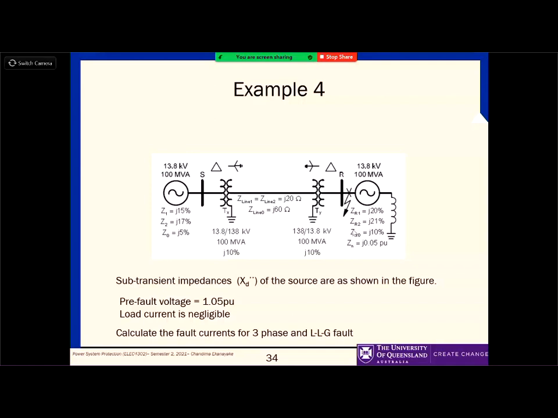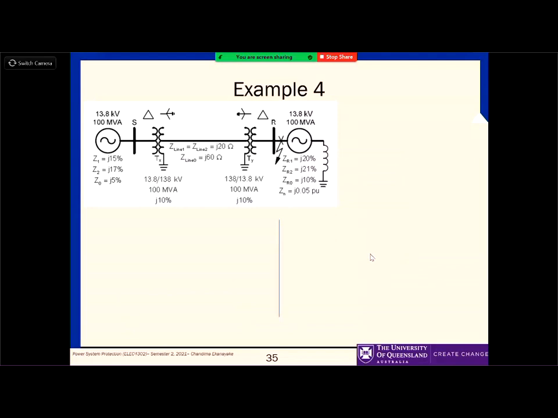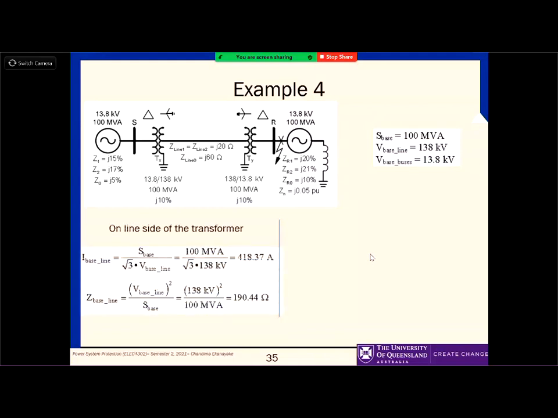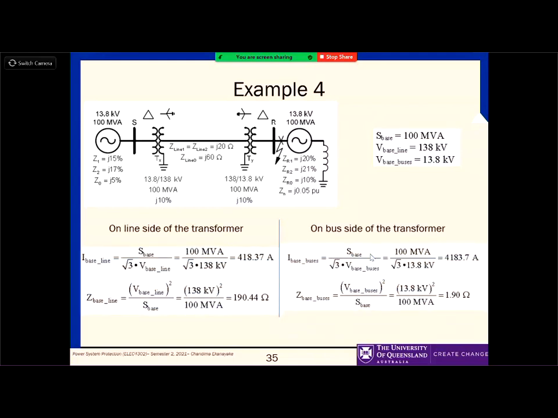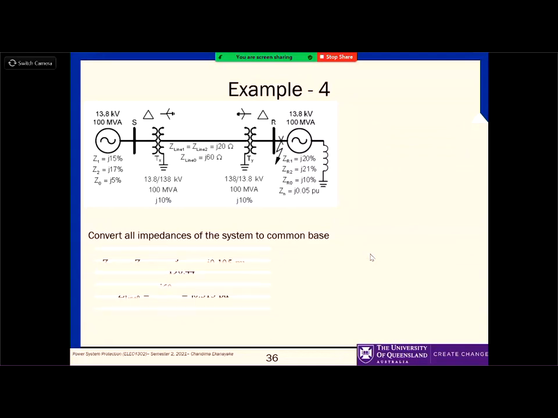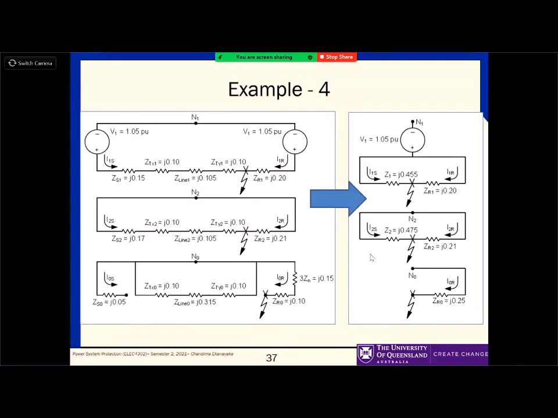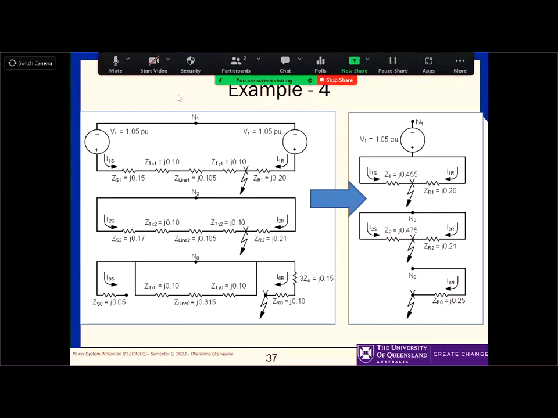So when you draw the equivalent circuit for this, the first step is, again, I'm not going into the base calculations and then finding the corresponding impedances. That is the common part of it. All impedances, convert them. Now this is the interesting bit. These two are the same, right?